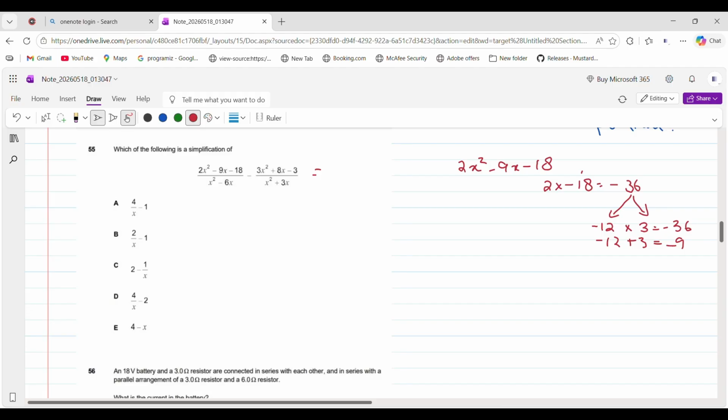This is what factorization by middle term break is, okay? So now let's write 2x square, and instead of this minus 9x, I can write these factors, so minus 12x, and my other factor is plus 3x, minus 18. So this is basically the middle term break of this quadratic equation.